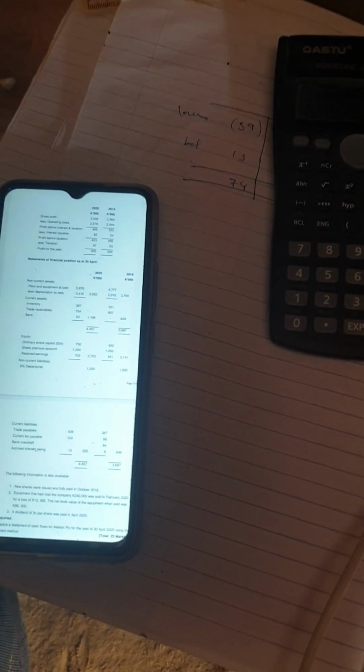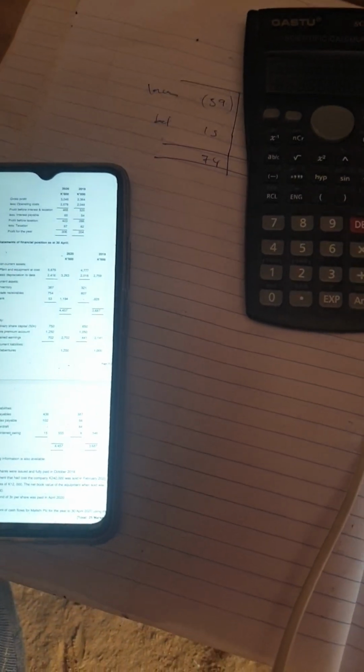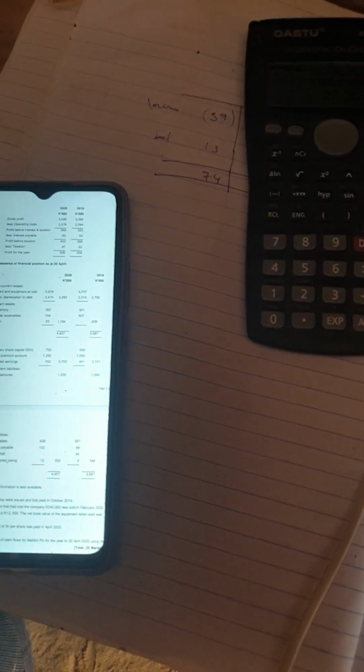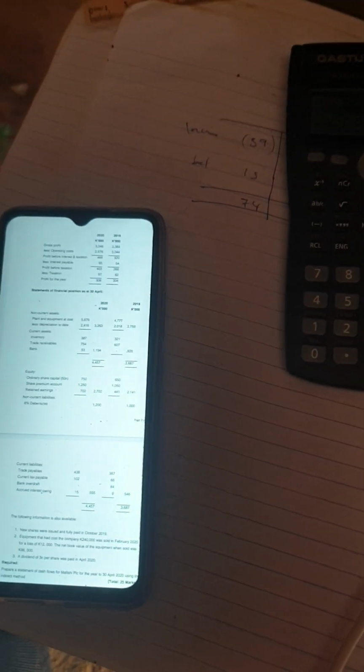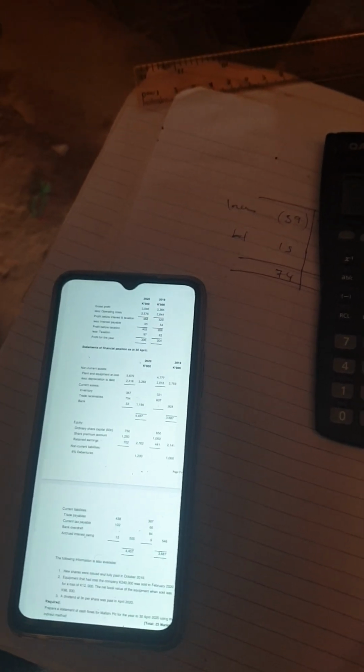But then there are some items which were sold during the year, so which means we also need to account for that. In the closing value of assets, the items which were sold are not there. We're supposed to bring it back.